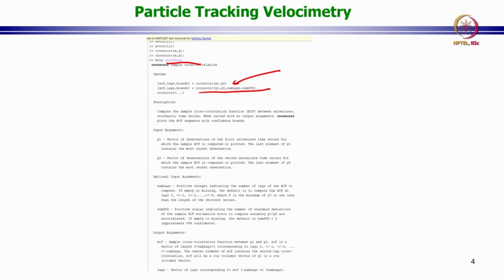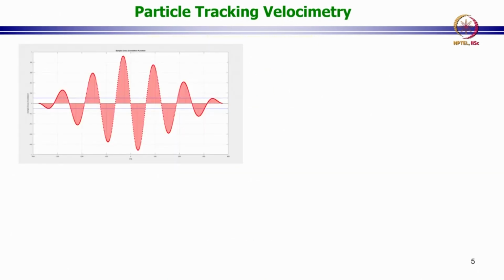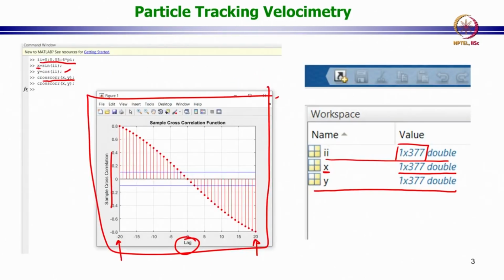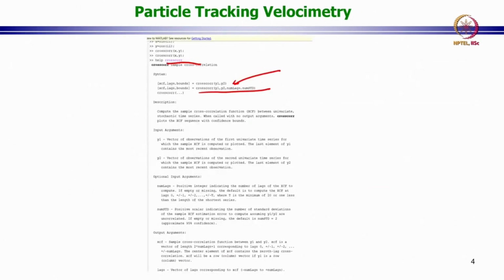Okay. So the next thing I do, which I have not shown here, is I have gone back and corrected this cross correlation command, and I have inputted x comma y comma 376, which is just 1 less than 377.